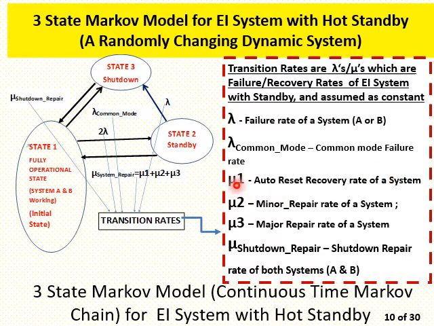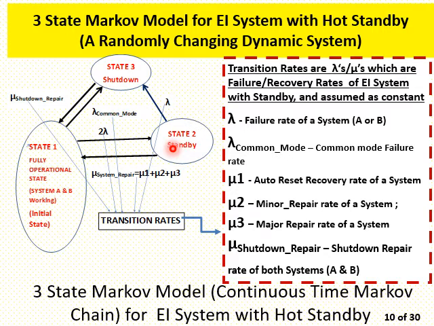So if the auto reset is successful, then it jumps from state 2 to state 1 through this transition with the arrow shown towards 1. If the auto reset fails, then the standby system will attempt minor repair. It gives an alert to the station master. The station master will inform the ESM.